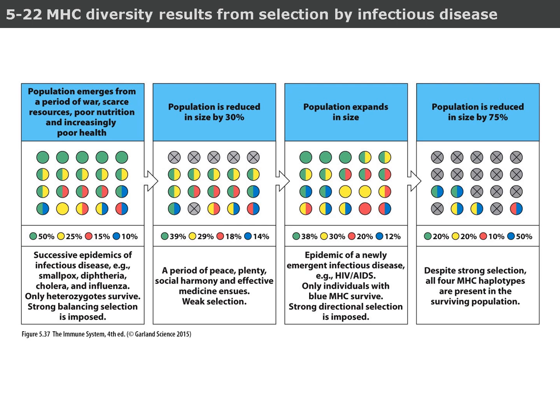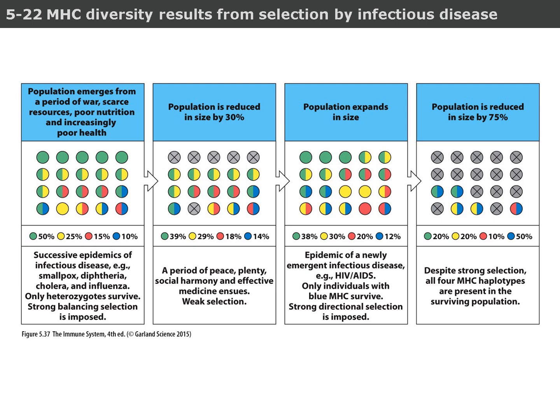This slide shows how MHC diversity in a population can be shaped over time by infectious disease and changes in population size. In the first panel, a population emerges from a period of war, famine, and poor health. Repeated infectious disease outbreaks, such as smallpox and influenza, impose strong balancing selection, favoring individuals who are heterozygous at MHC loci.